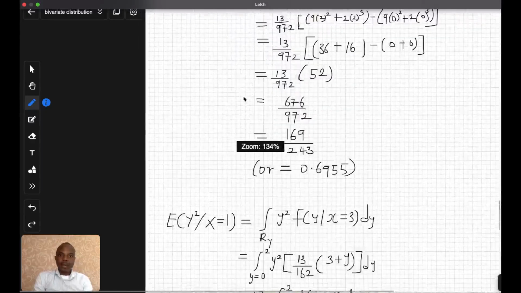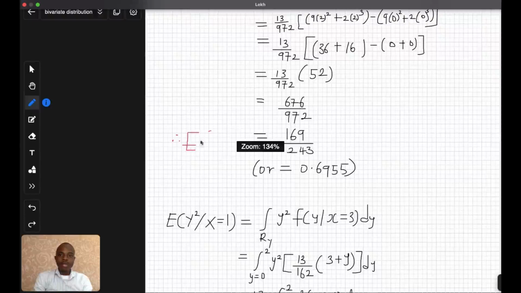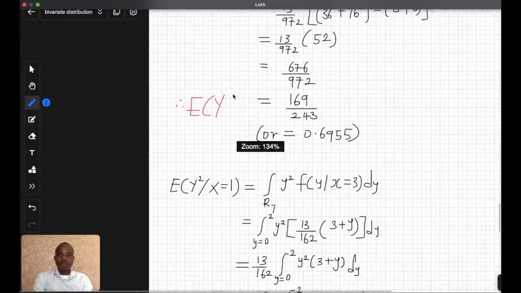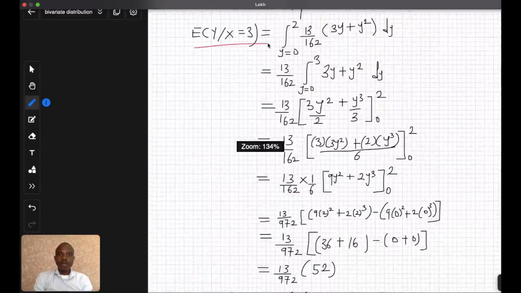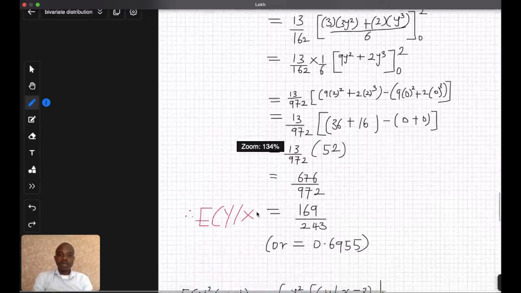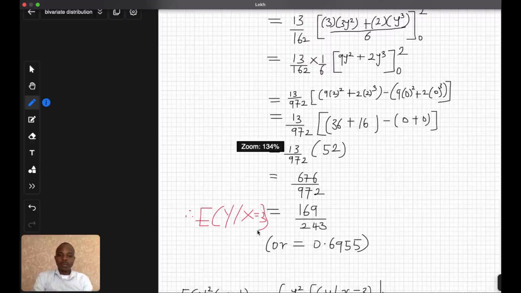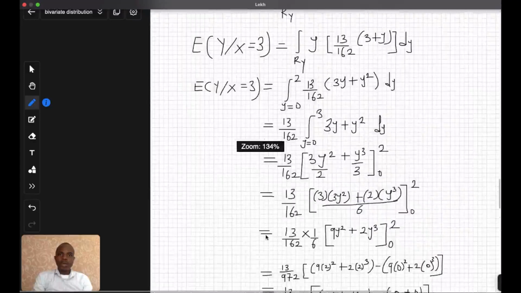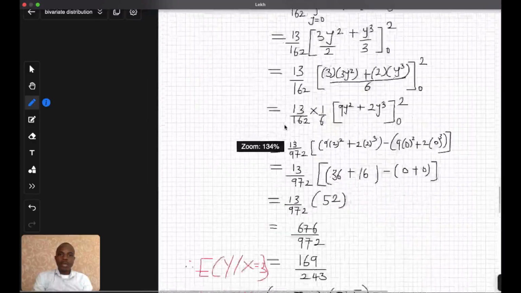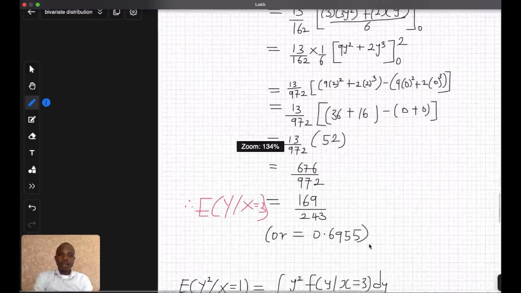So, therefore, it's not y squared this time around, it's actually the expected value of y. Don't forget, we obtained this earlier on, and its value is 169 divided by 243.